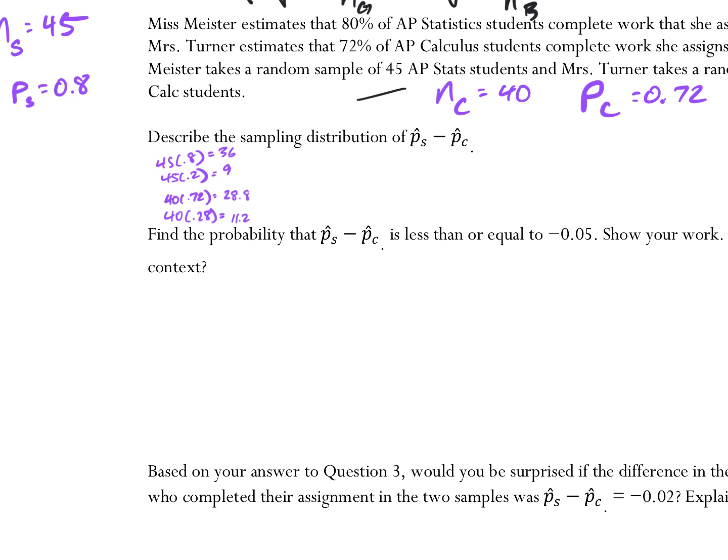So, will this be normal? Why not? The 9 is not greater than or equal to 10. Is the 9 close to 10? Here's what we're going to do. Not normal, but close to normal, and we're going to pretend it's close enough, because I did a terrible job writing the question.